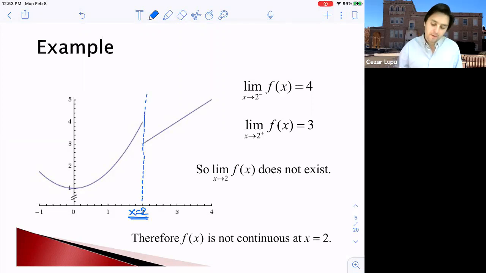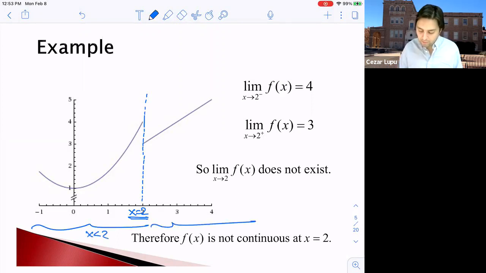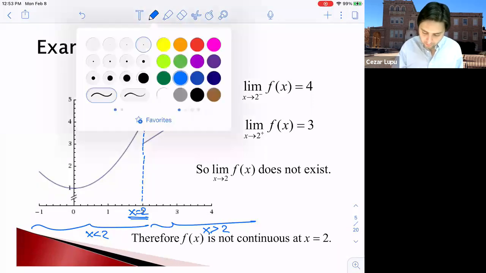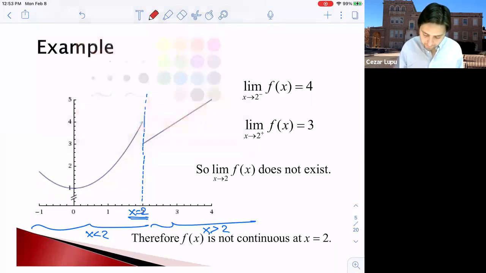For values less than 2, something happens, and for values greater than 2, something else happens. So what happens when x approaches 2 from the left of f of x? Well, the limit, if you look at the graph, is this point here, right?